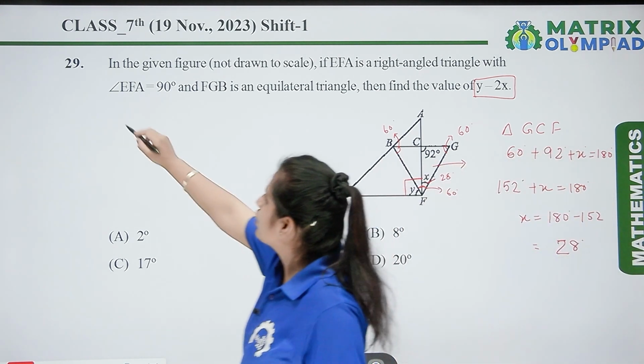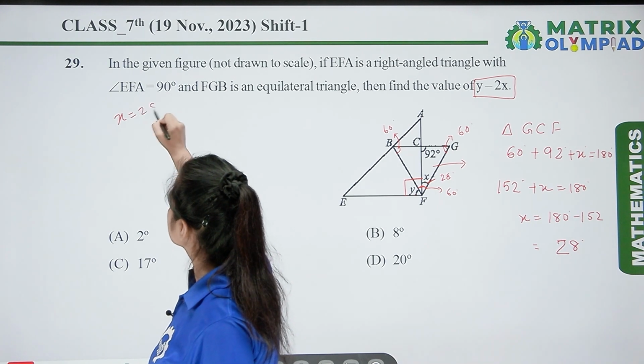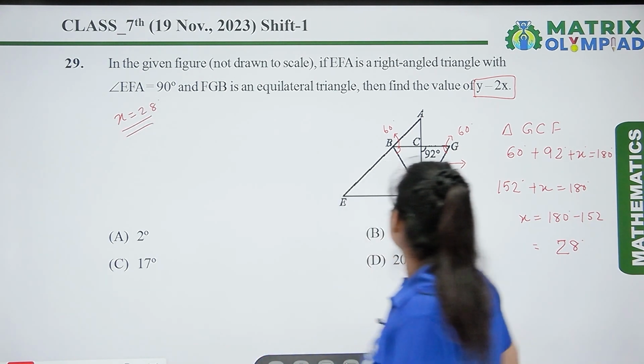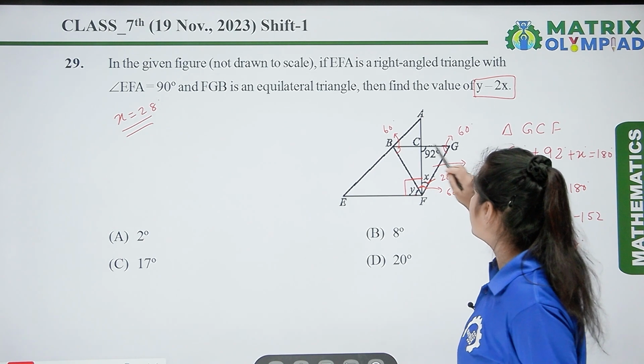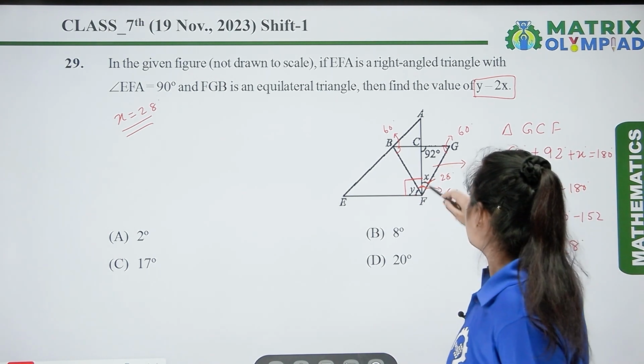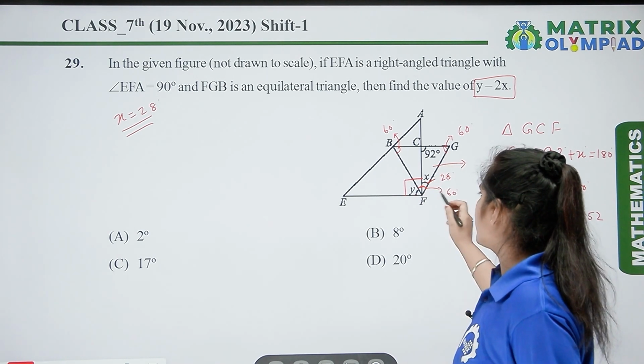So we got the value of x, that is 28 degrees, with the help of triangle GCF. Now the value of x we know is 28.